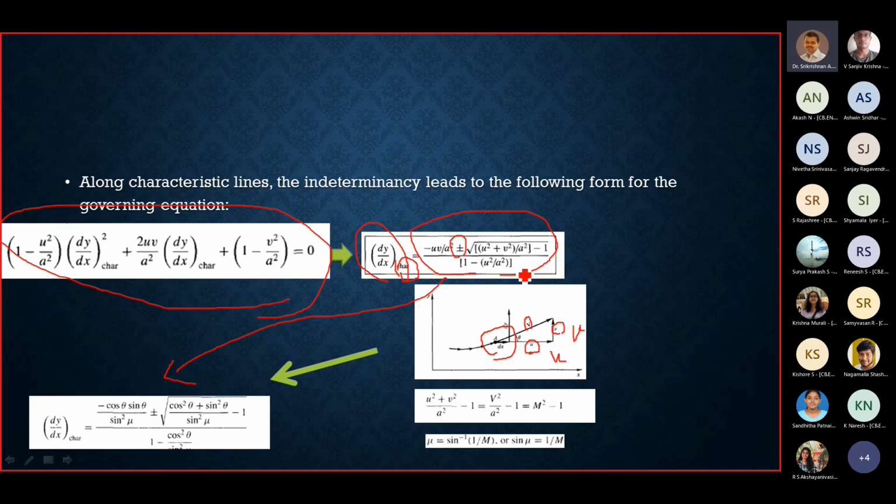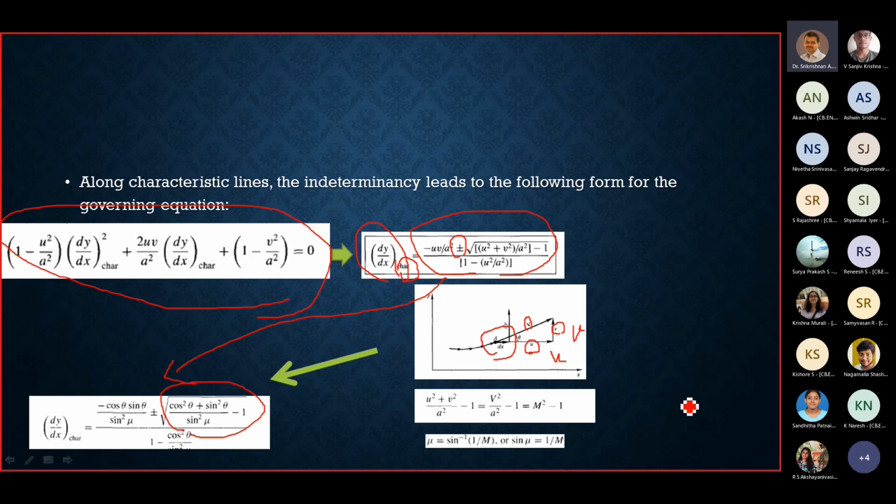Also, if you see here, this term, cos²θ plus sin²θ by sin²μ, is nothing but 1 by sin²μ, and sin inverse μ, that is μ, is equal to 1 by M. So this cos²θ plus sin²θ by sin²μ can be written as 1 by M², M squared actually.